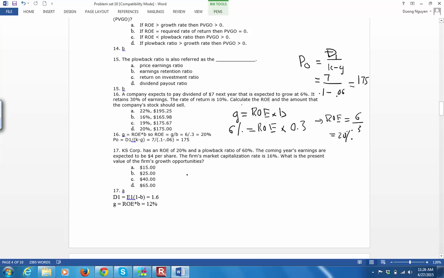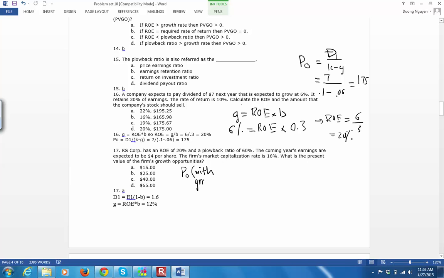Now, number 17. ROE 20%, plowback 60%, earnings are expected to be $4 per share, capitalization rate, which is the required return, is 16%. What is the present value of growth opportunities? Alright, so you have the stock price, this P0 with growth.